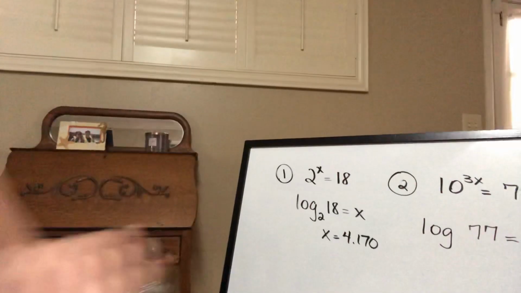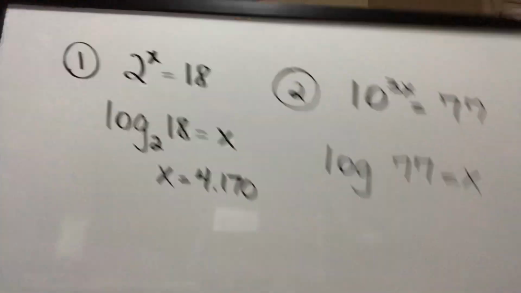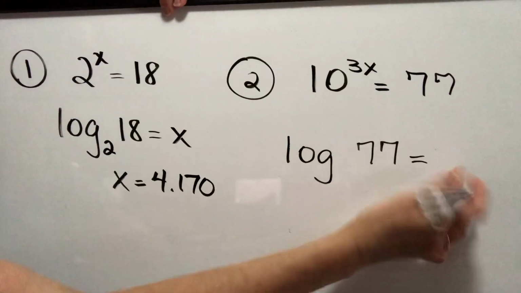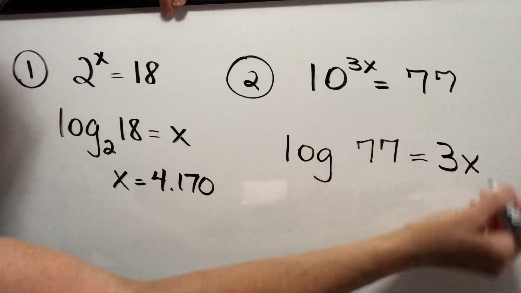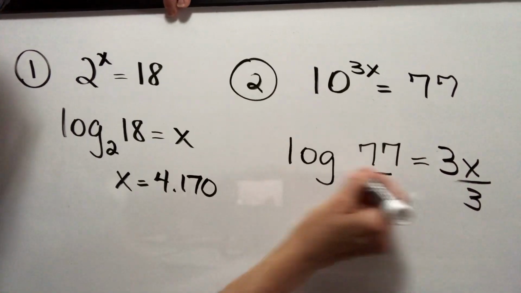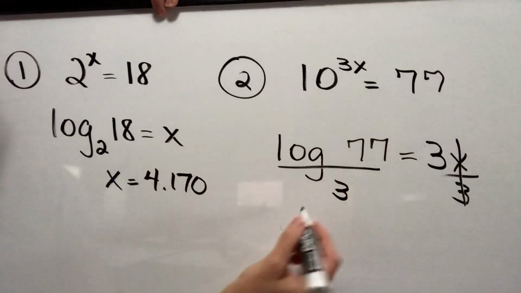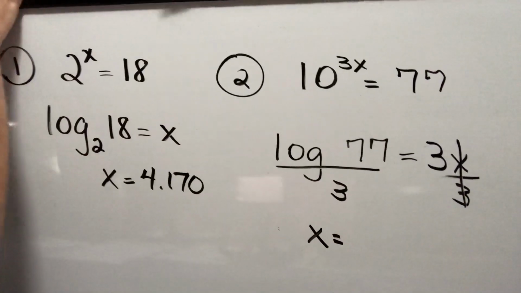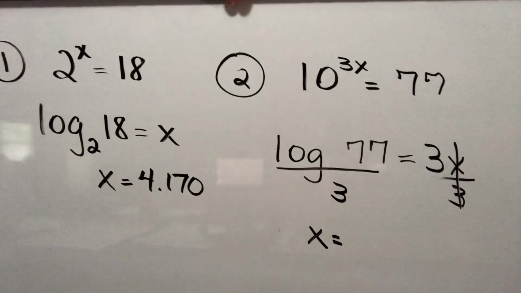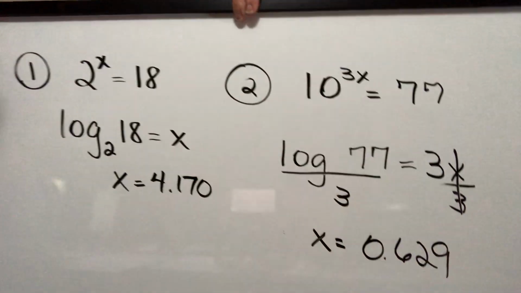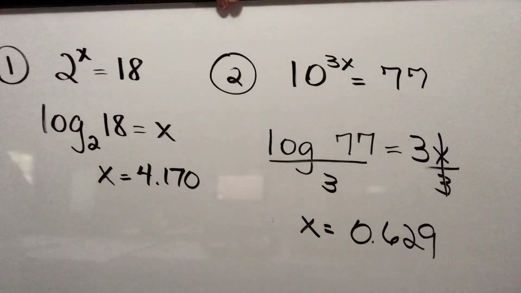So back over here, what I should have put instead of an x would be 3x, and then we divided by 3. So that's why I took the answer and divided by 3 earlier. So when we did the log of 77 and divided that answer by 3, it worked out to be 0.629 after it was rounded to the thousandths place.